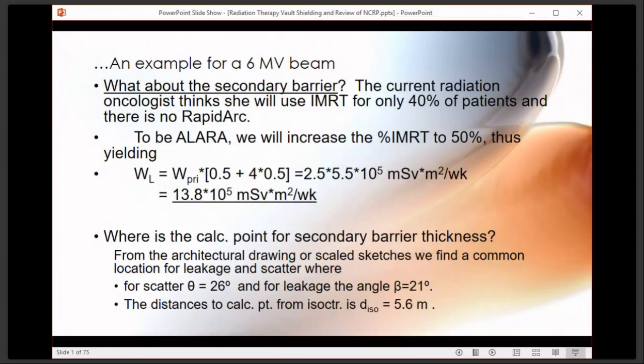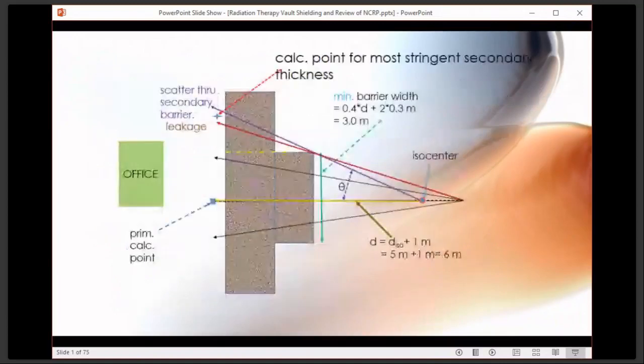This point we're looking at is right next to the primary barrier. And the leakage radiation comes right along here, just missing that edge of the primary barrier. But the scatter radiation starts at the isocenter in the patient and goes off at a slightly different angle.